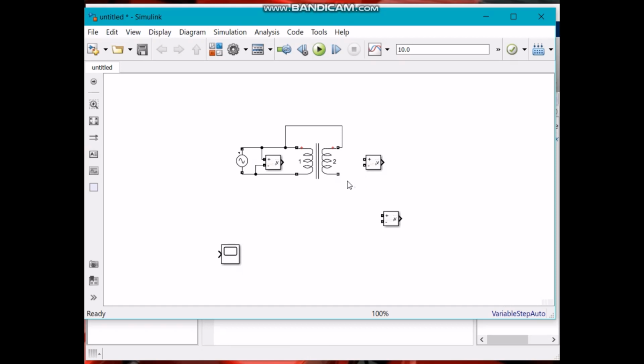Okay, now finally we need to connect the voltage between primary and secondary side. This voltage will basically tell us whether the polarity is subtractive or additive.